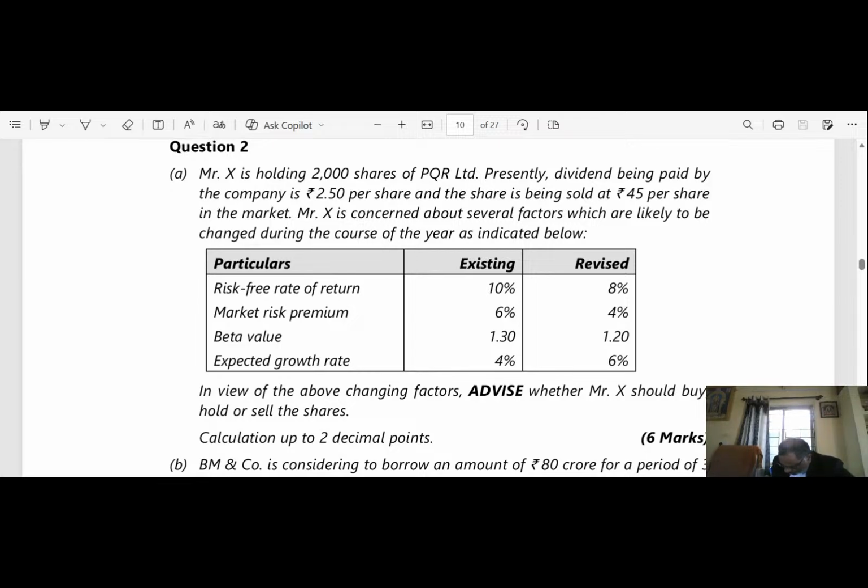P0 is equal to D into 1 plus G divided by KE minus G.